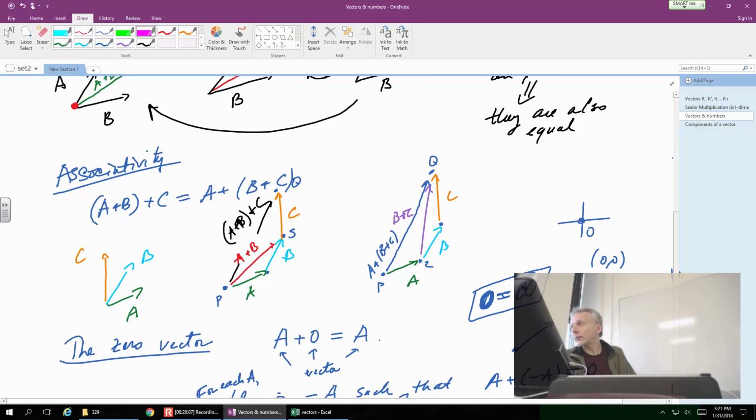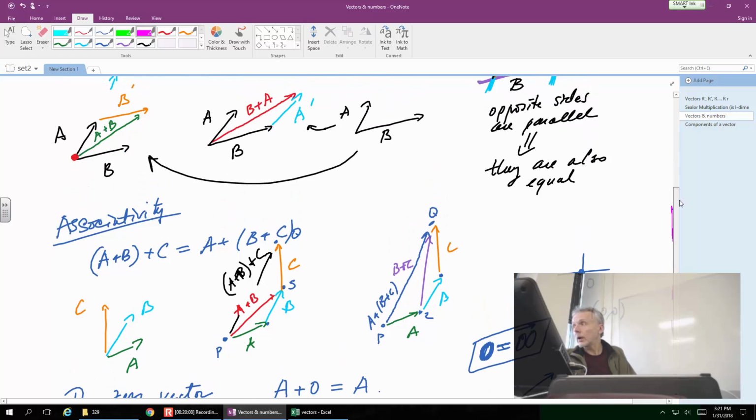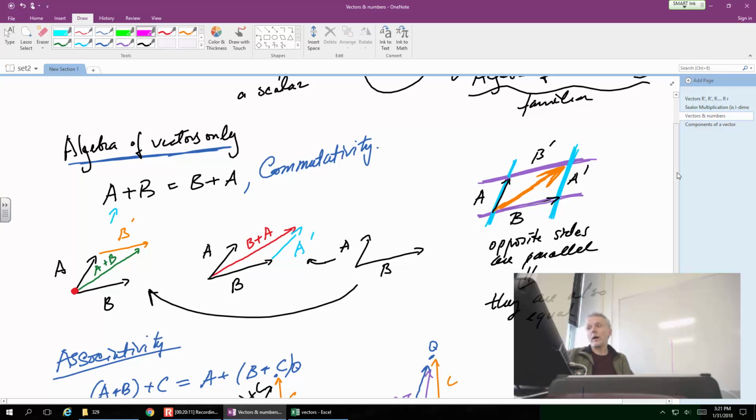So if we start with commutativity, for example, this was meant to be the commutativity of addition of vectors. But what is happening to every component of these vectors? They are being added, right?